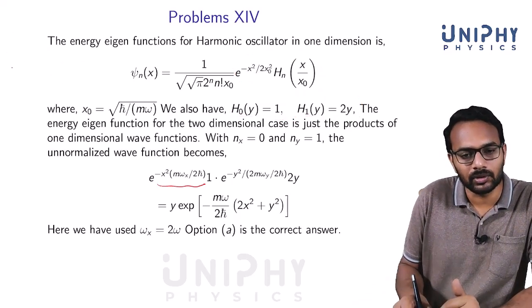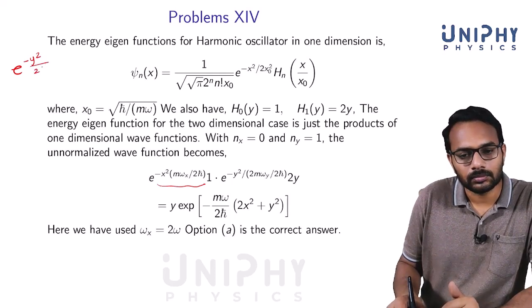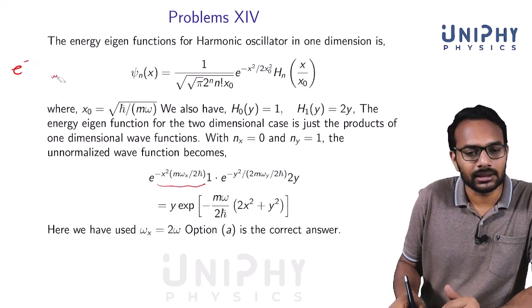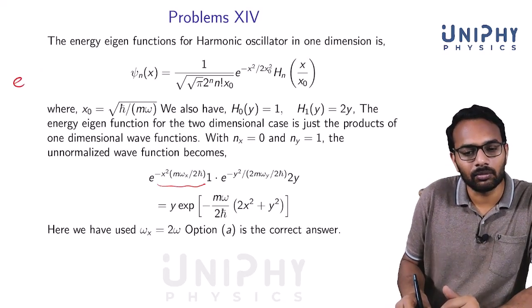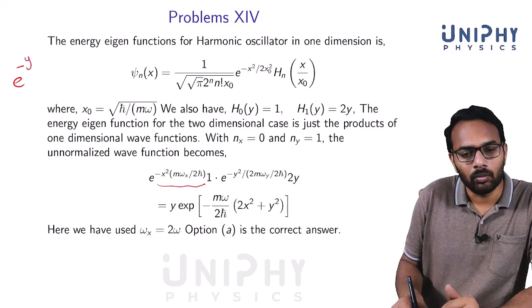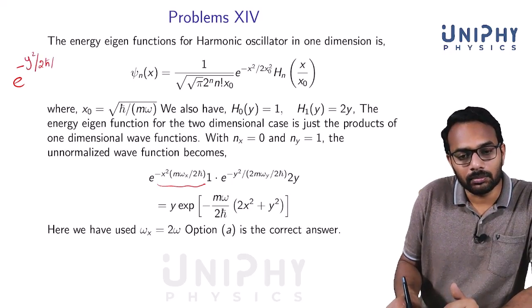So correspondingly we will have e raised to minus y square divided by twice h cross by m omega.